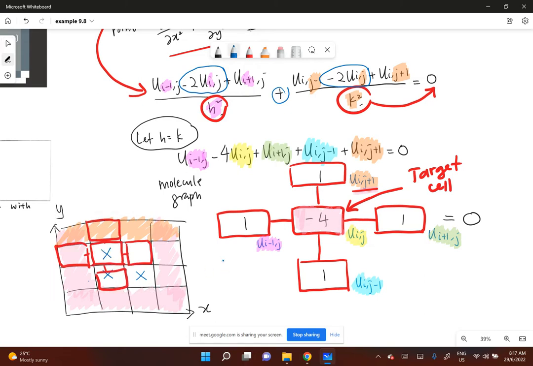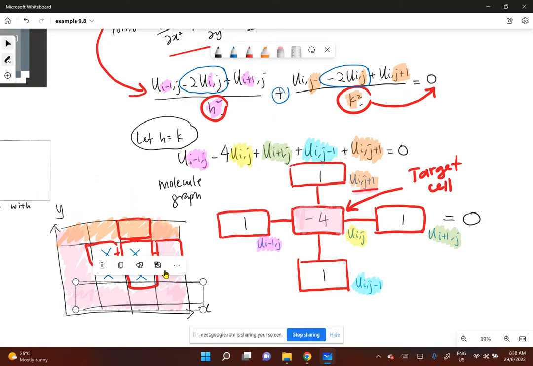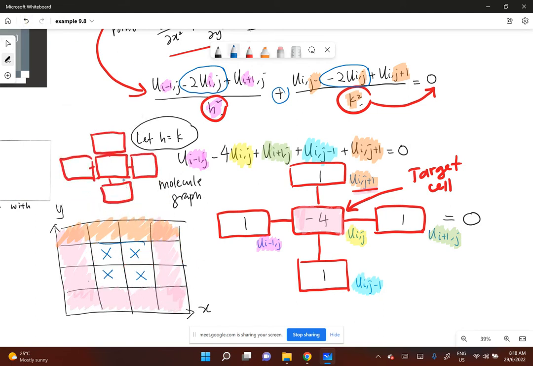This is another target cell, and then move to the right, and then we will find this one. So basically, for the Laplace or Poisson's, when you look at this one, we have 4 unknowns here. So when we have 4 unknowns, basically we have to have 4 equations to solve this.